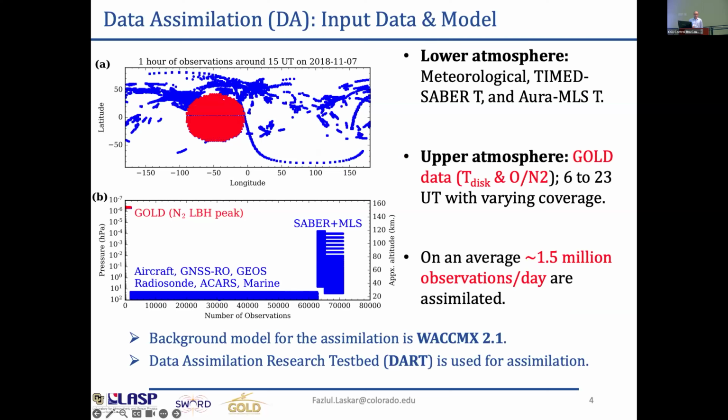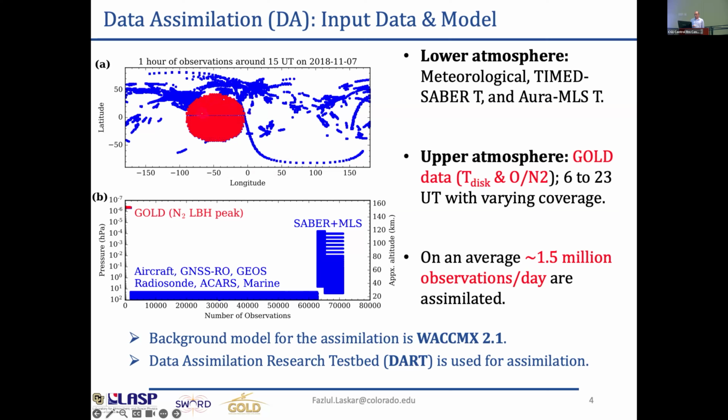Okay, for data assimilation, as the title suggests, we are using WACCMX and the assimilation framework from DART, the Data Assimilation Research Testbed. This is an example where I'm showing all the lower atmosphere data. We use a lot of data that are used in MERRA. And for the upper atmosphere, here it is only the GOLD T-disk and O/N2.